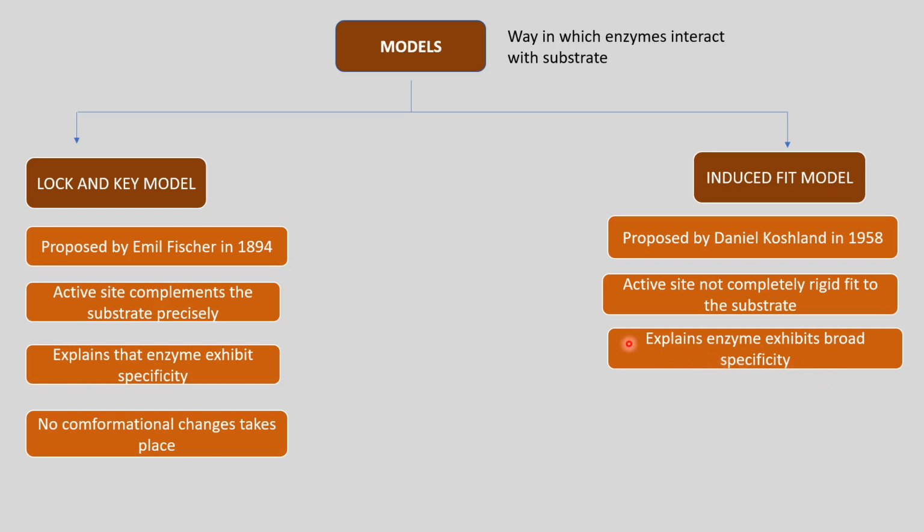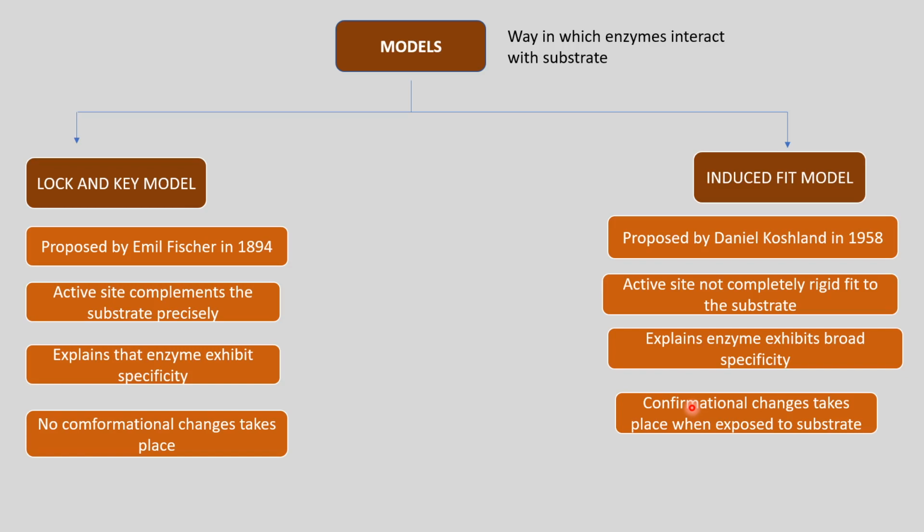So it says that enzymes are broadly specific, and this model believes that conformational changes take place when exposed to substrate. So this model says that in the structure of the enzyme, in the active site, the conformational changes take place. Conformational changes means changes in the tertiary structure of the enzyme.